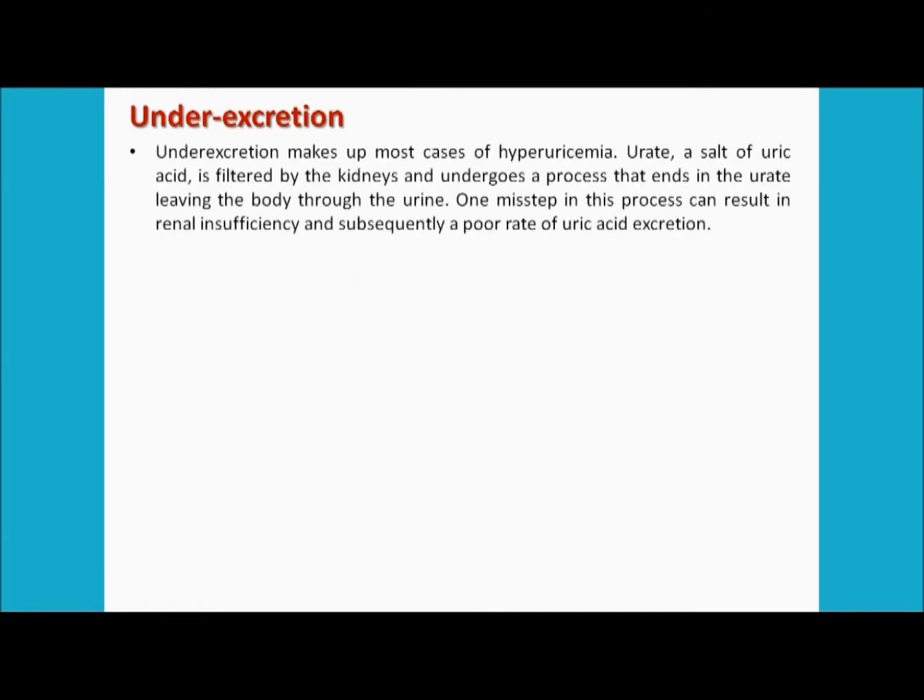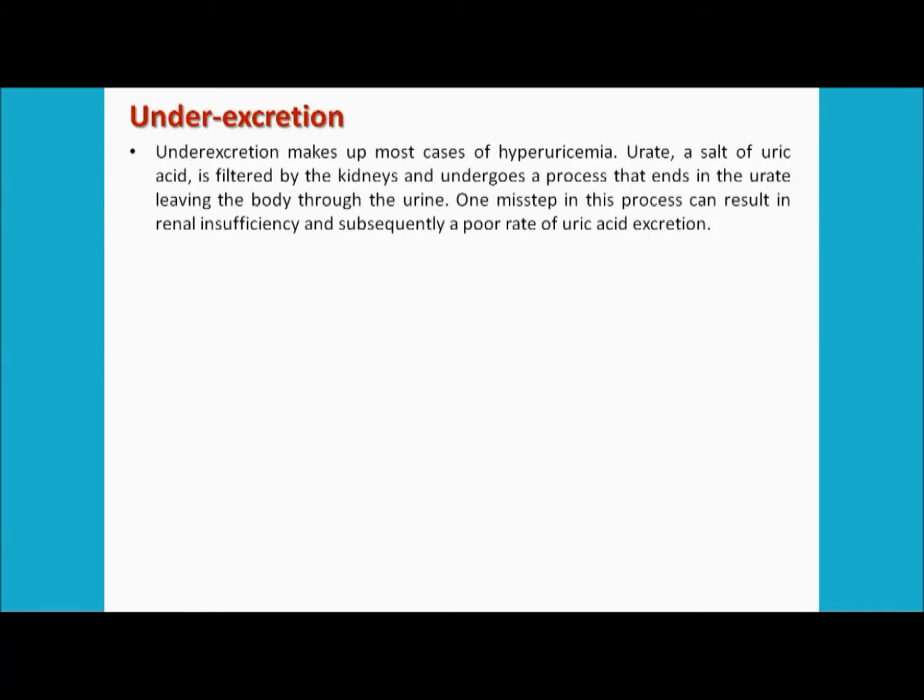Under-excretion makes up most of the cases of hyperuricemia, because if the body is not able to clean out or flush off the uric acid, then the person suffers from hyperuricemia. Urate, a salt of uric acid, is filtered by the kidney.